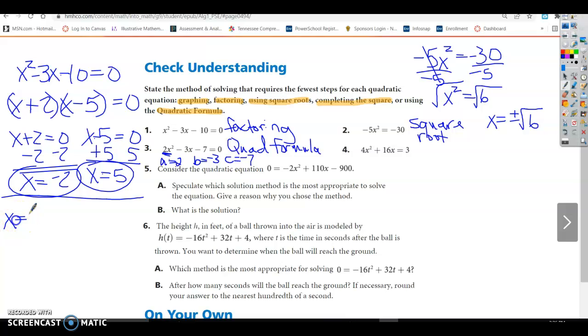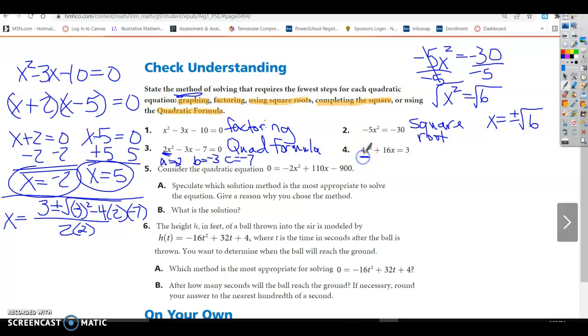So I'm going to have X equals negative B, negative 3 is positive 3, plus or minus the square root, B squared minus 4 times A times C, all over 2A. And then you would simplify that, and that would be your solutions for number 3. All right, since we're looking for just the method here, I'm going to move on to the next one.